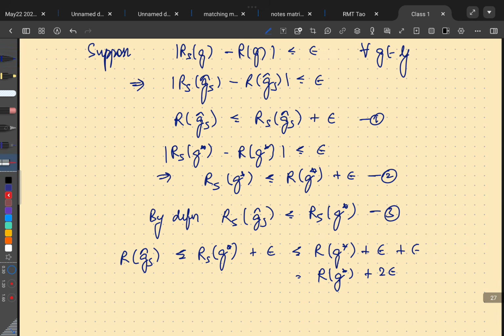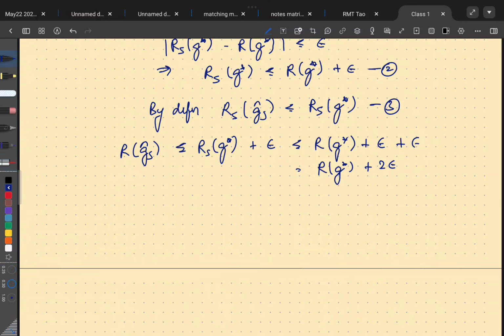The main point or the intuition behind this is the following. You know that the empirical risk is epsilon close to the true risk for all functions. Geometrically speaking, you take any 2 points, you know that the distance between 2 points is at most epsilon.